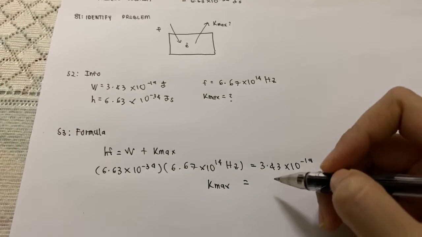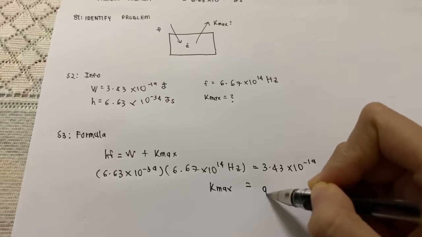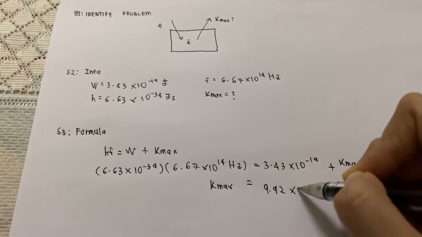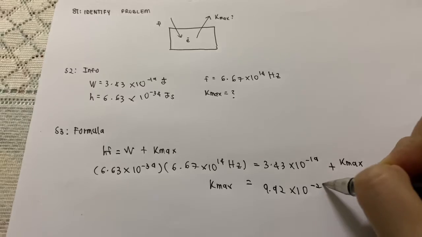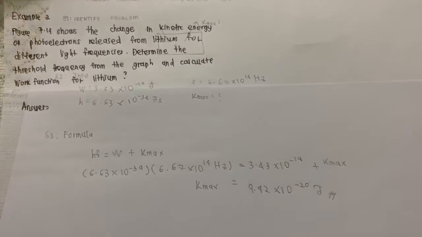We can use the calculator to find K max, which is 9.92 times 10 power of negative 20 joule. This is the answer.